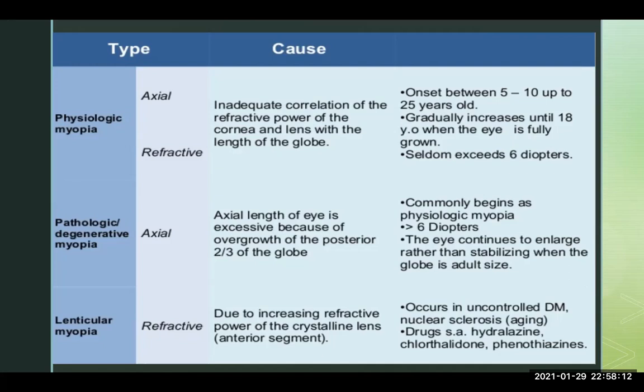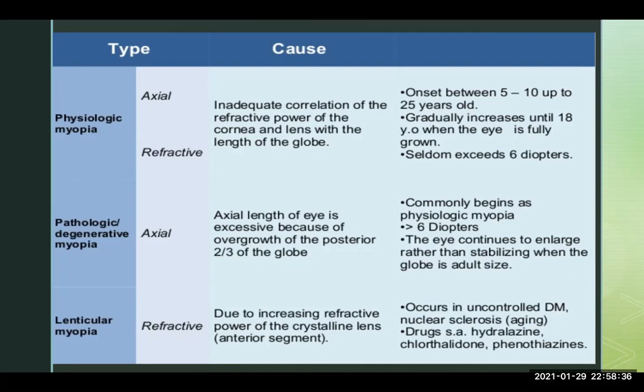It commonly begins as physiologic myopia that exceeds 6 diopters. The eye continues to enlarge rather than stabilizing when the globe reaches adult size, so it may stabilize only beyond the age of 20.